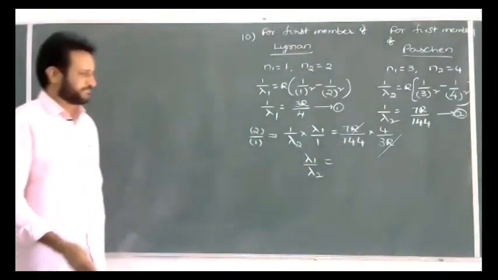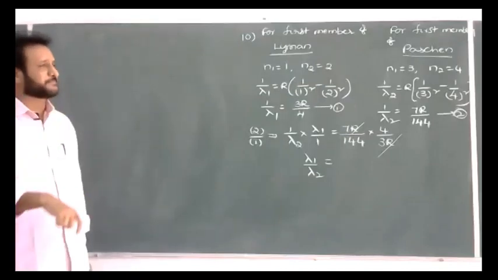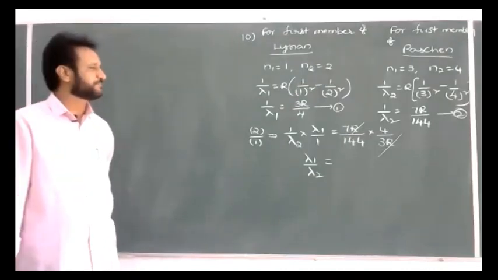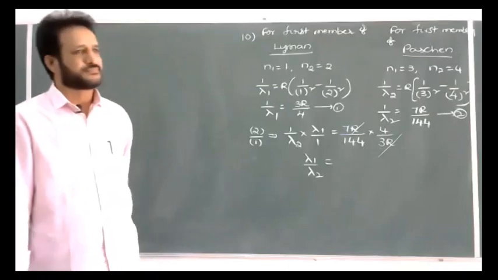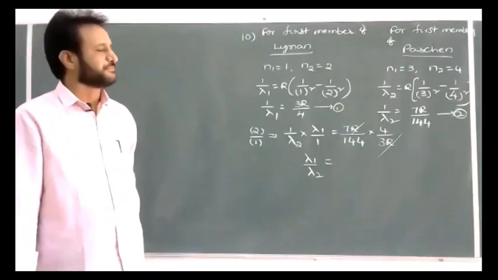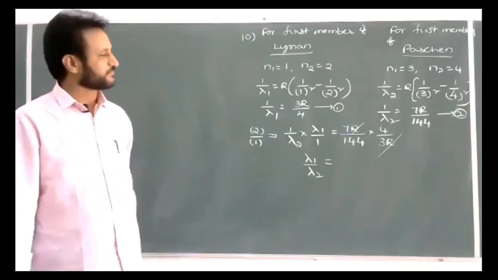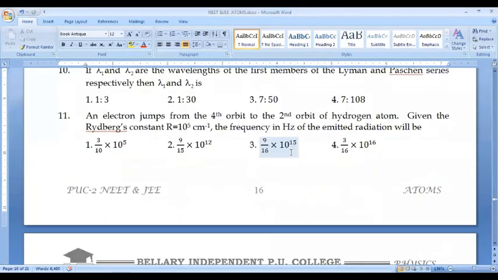Simplify it. Check the options. 1:3, so clearly 1:3 not possible, correct? With the 4 we have to cancel this one.